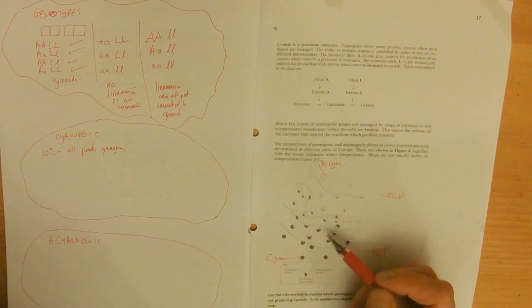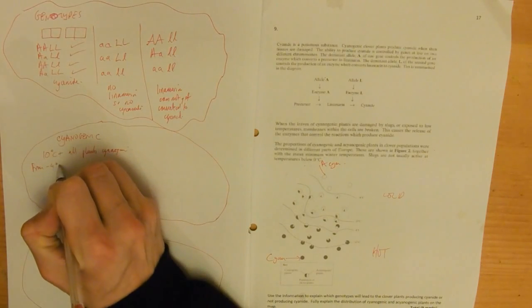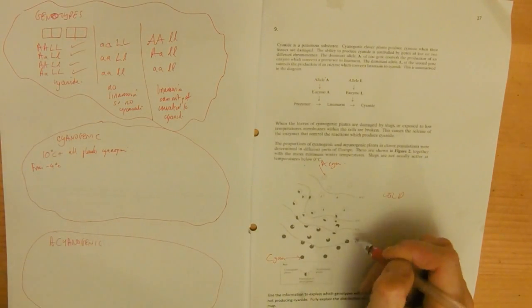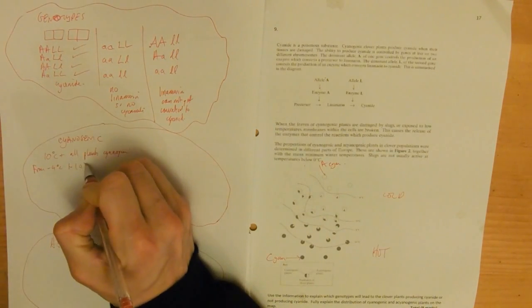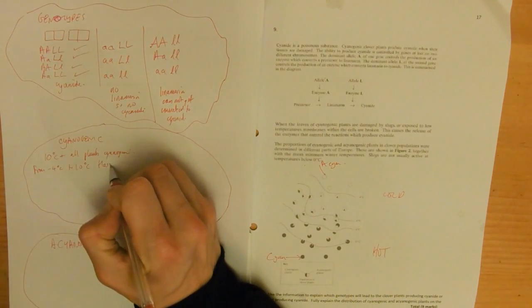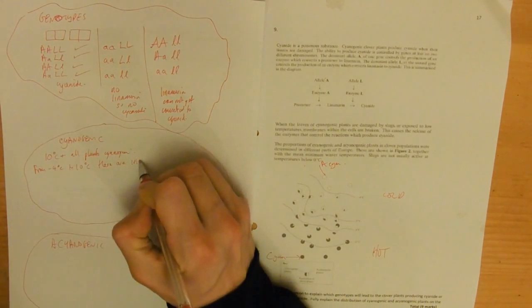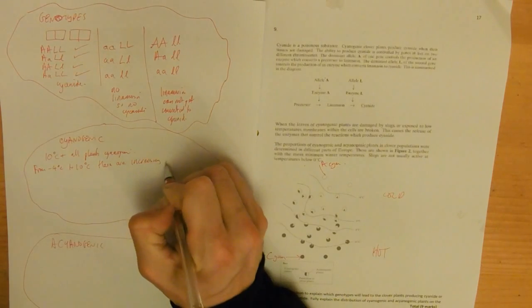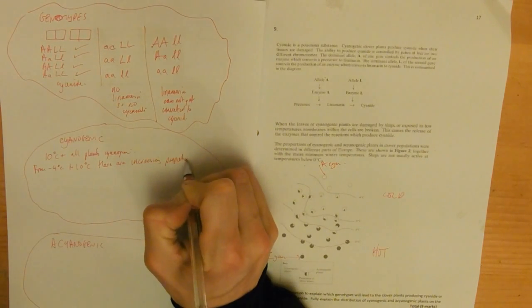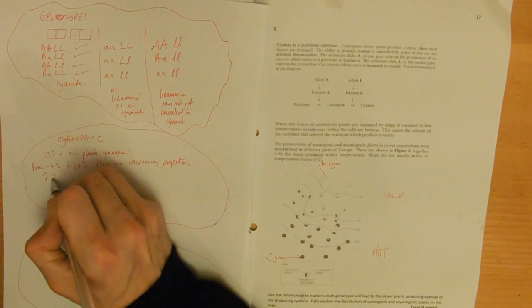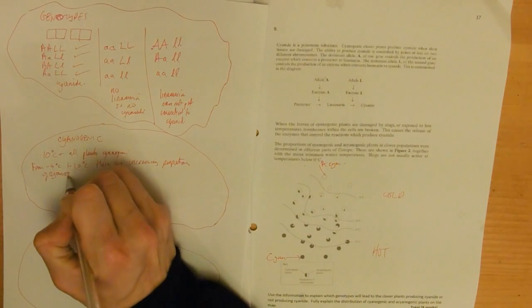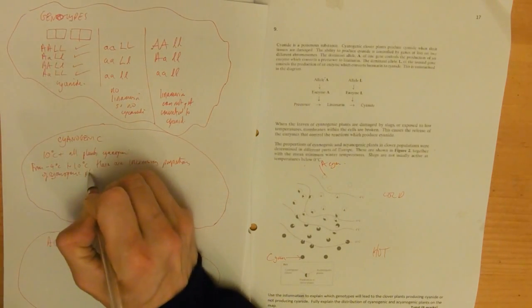So it gets hotter. From -4 degrees to 10 degrees, there are increasing proportions of cyanogenic plants.